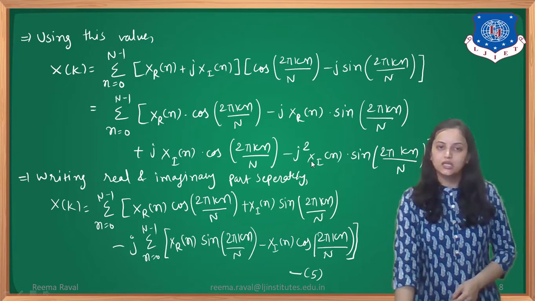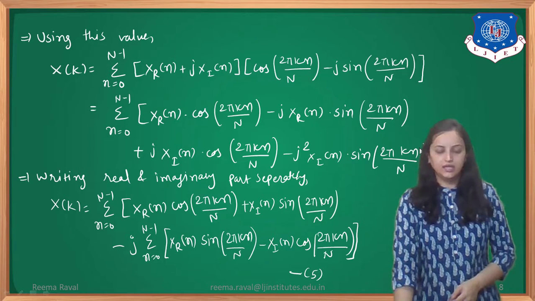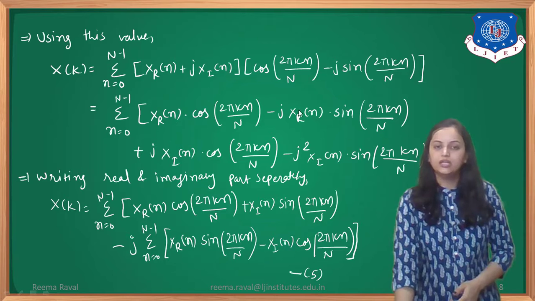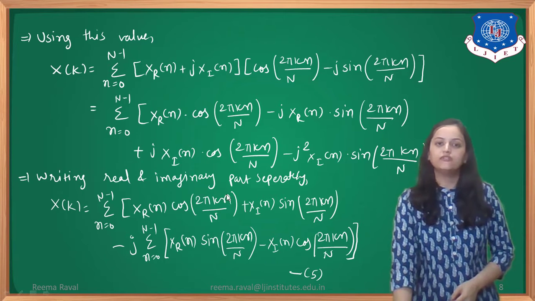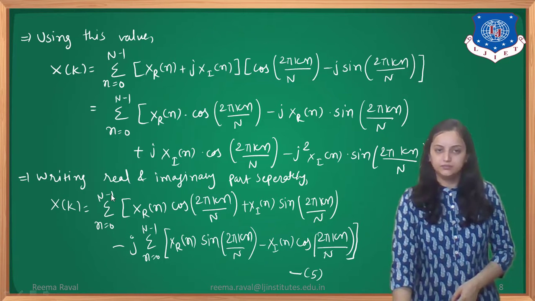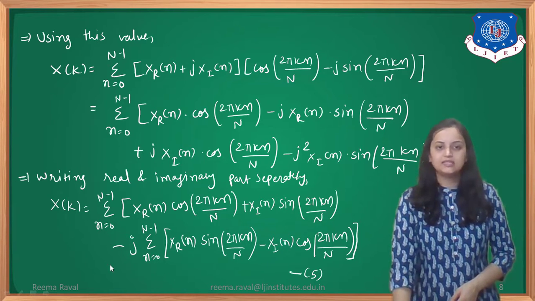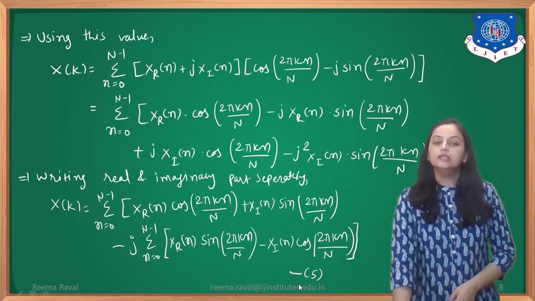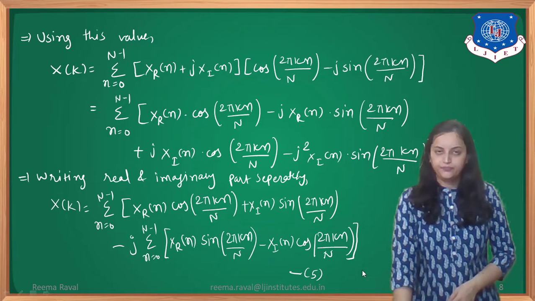So using these values we will get two parts, real part and imaginary part. The terms having the j part we will consider as the imaginary part and split it up. So we will get summation of n equals 0 to N minus 1, the first part which does not have the j part, and the second part which has j, that is the imaginary part. Let us give this as equation number 5.